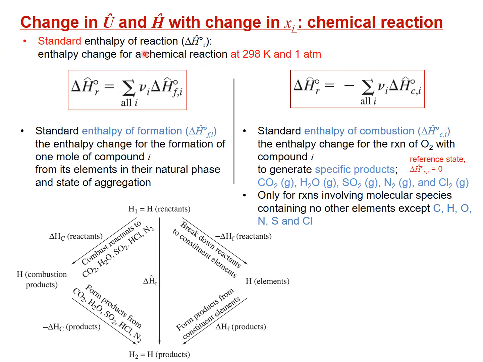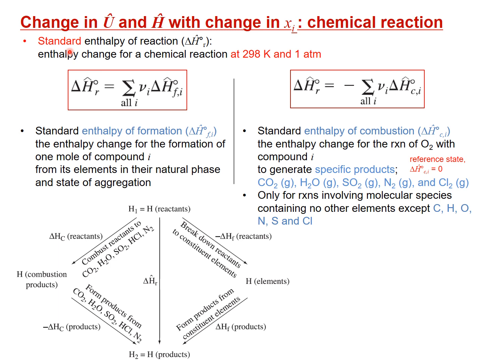After you obtain this value, then you could change the temperature from the standard state, and you could change the pressure from 1 atm standard state. Then you could calculate those values by using the previous slide method with a pressure change, with temperature change, with phase change. So in this case, I'd like to focus on standard state enthalpy of reactions. This standard enthalpy of reaction can be calculated by two methods.